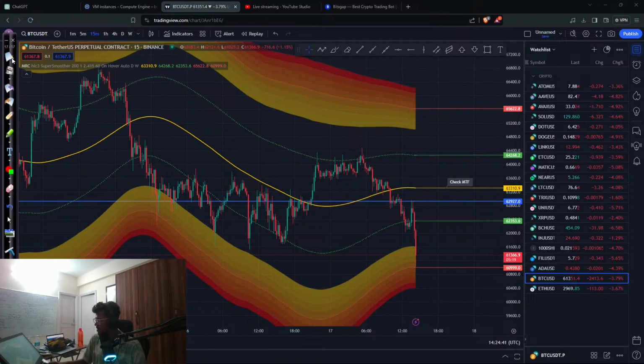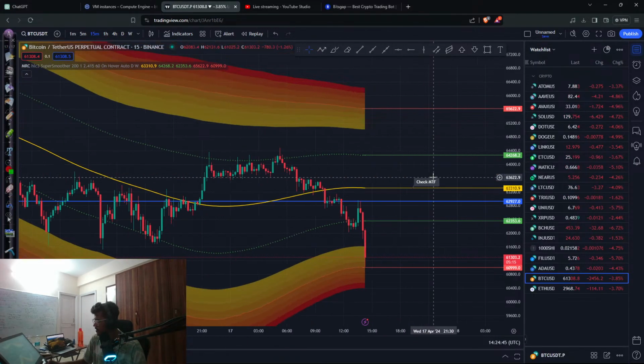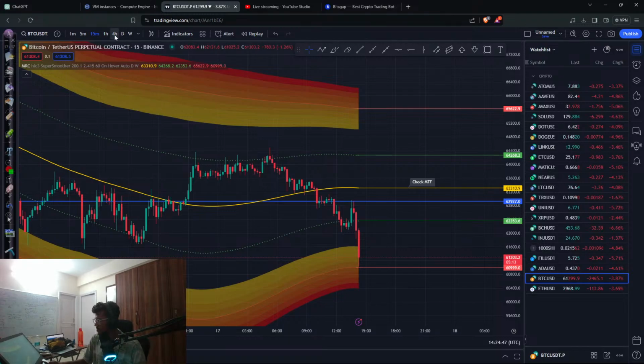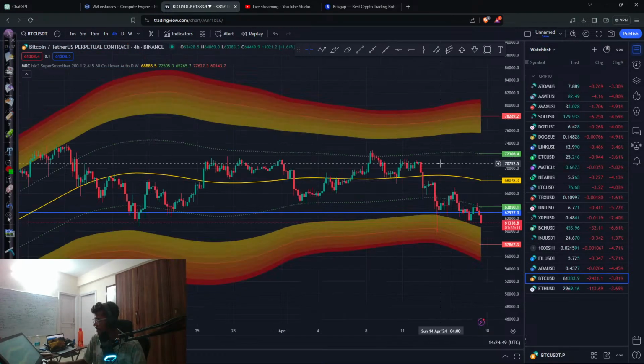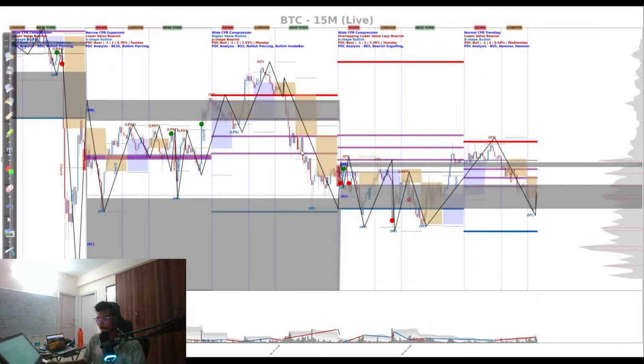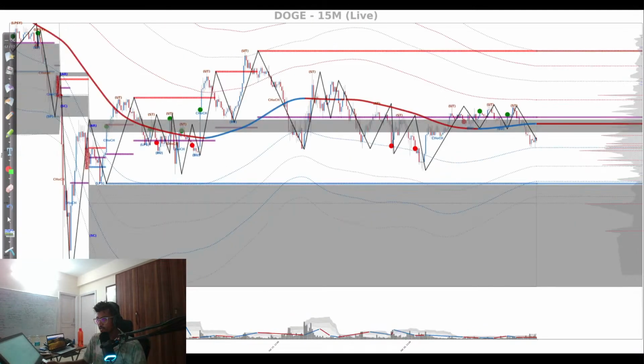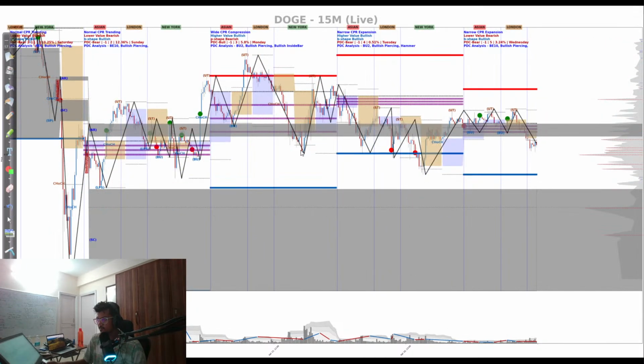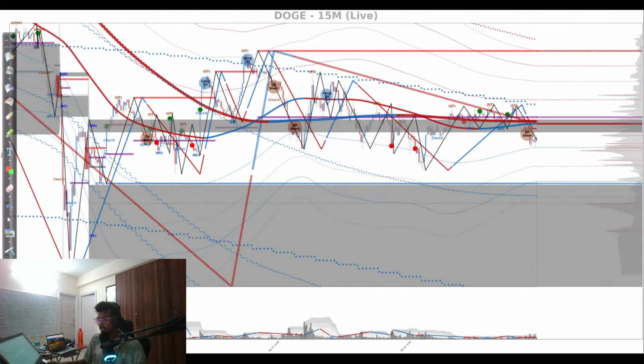Okay, so let's go ahead and see it. Bitcoin, Dogecoin. On Dogecoin, on 1 hour, it's telling us to go short.